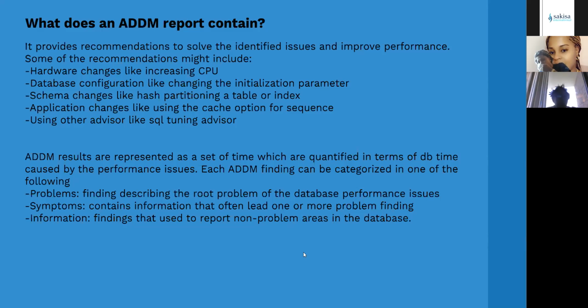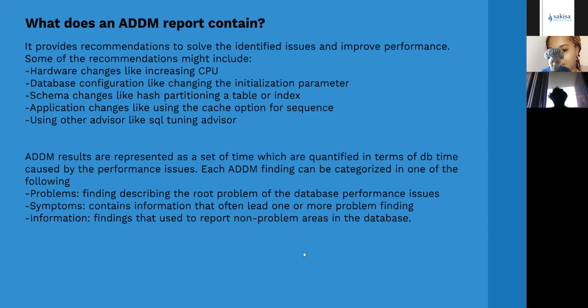We can also have application changes like using the cache option for sequences. Another recommendation can be using another advisor like the SQL Tuning Advisor, and we have a lot of advisors.